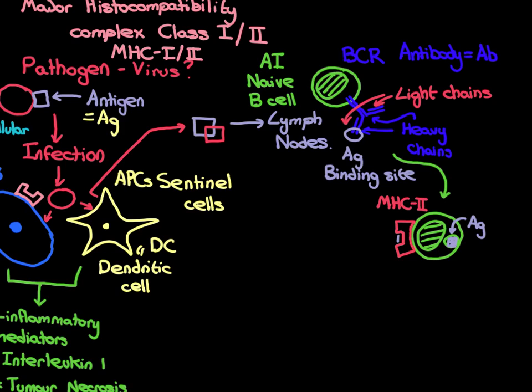So you'll end up with lots of the varieties of peptide fragments that you could have got from this antigen on your surface bound to MHC class 2. So, what has to happen now? As I've previously said, it needs to now find a CD4 positive T cell that is directed against one of these peptide fragments that it now has on its surface bound to MHC class 2.